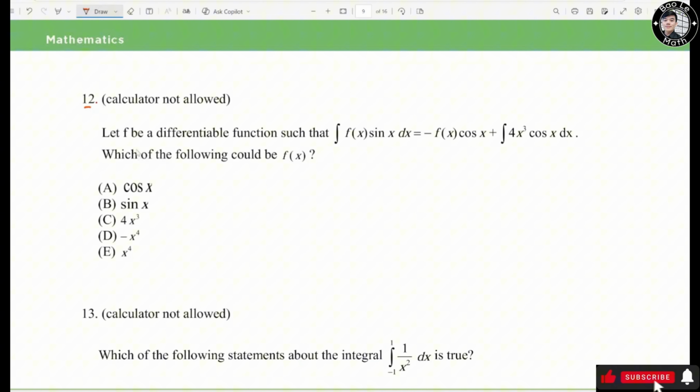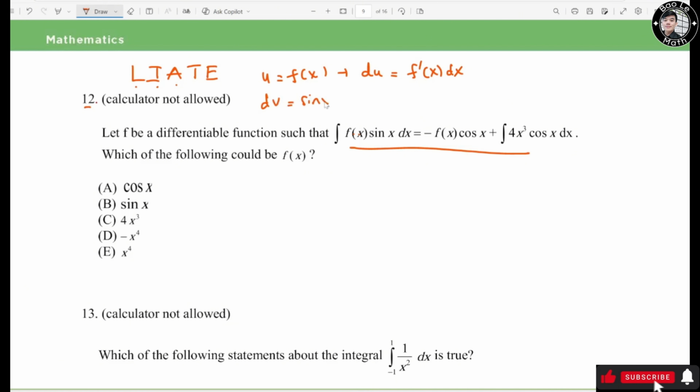Question 12. Let f be a differentiable function such that, which of the following could be f of s? Alright, so we're going to use integration by parts, right? Again, right over here, L, I, A, T, E, right? Let u equal f of s, then du equals f prime of s ds, right? dv equals sine s ds, then v equals negative cosine s, right?